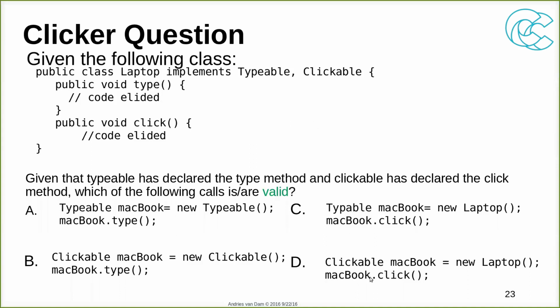The last one is clickable. You assign new laptop, which is correct, and you are calling click on it, which is again correct, because the clickable interface only has visibility up to click. It doesn't know about any other methods. So this is okay. For example, if it's macbook.type, that's wrong.